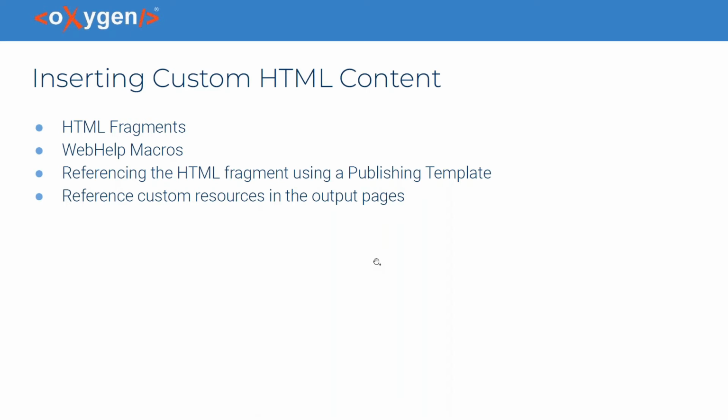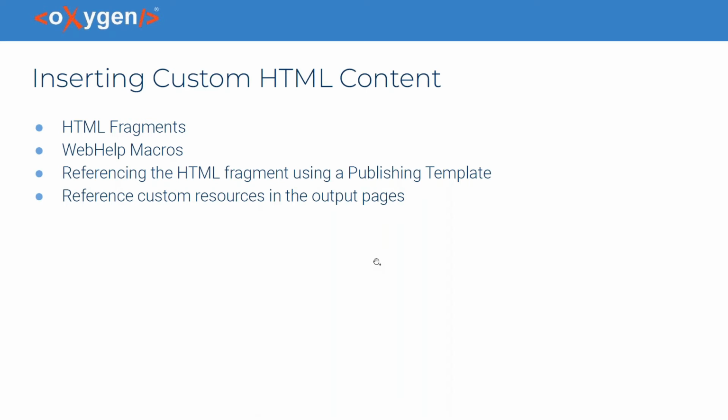By using macros in your HTML fragment, you can localize a string, obtain values for environment variables, system properties, or transformation parameters. You can also format the current date and time. You can obtain the paths for different directories involved in the transformation process, or you can execute XPath expressions on the data map or on the current data topic.